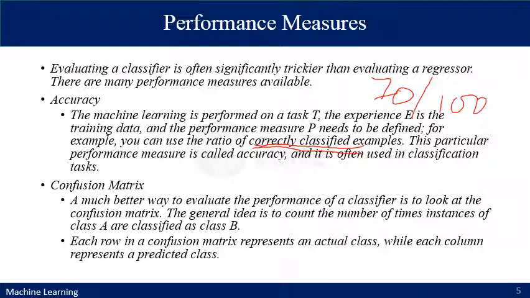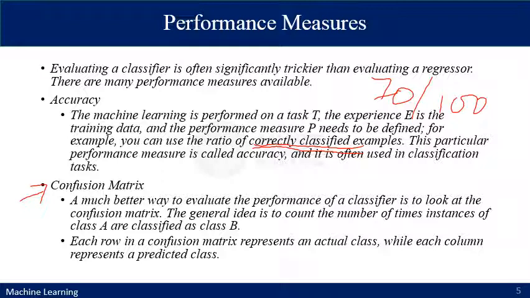Another important term in performance measures is the confusion matrix, which is a much better way to evaluate the performance of a classifier. In this way, you construct a confusion matrix. The general idea is to count the number of times instances of class A are classified as class B. In other words, you count the correct examples and the incorrect examples.